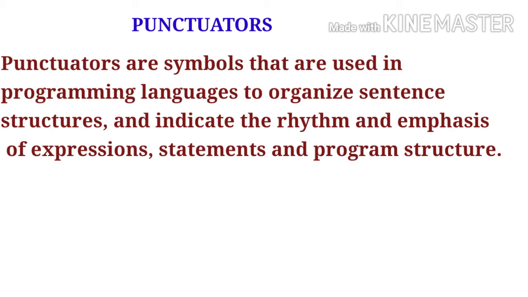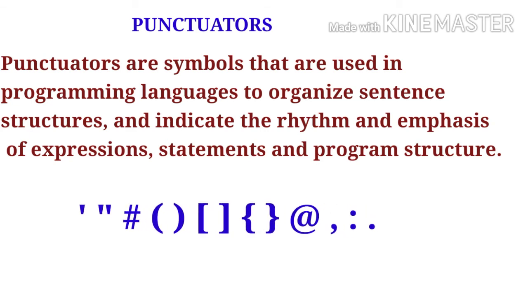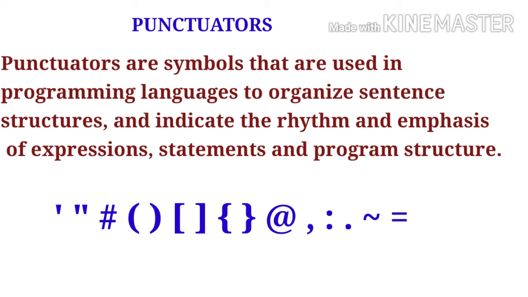The most commonly used punctuators are single quote, double quote, hash, backslash, parentheses, square brackets, then open and closing braces, then colon, at the rate, semicolon, dot, tilde and equal to. These are the different types of punctuators used in Python.